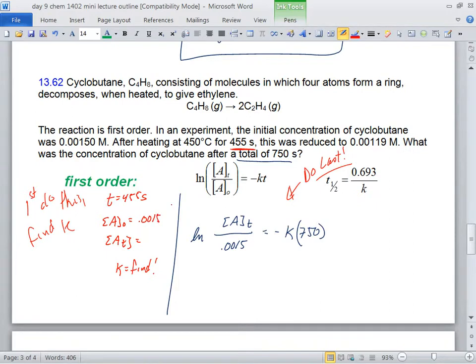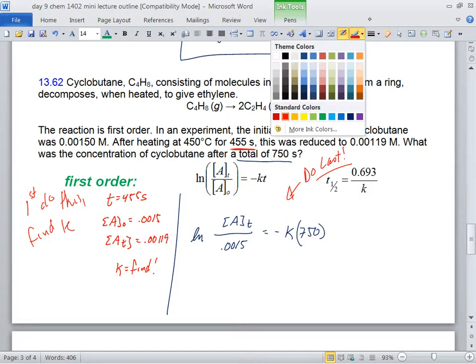They told you it was 0.00119 at t. So you got to find k first using this data. Then whatever you get for k, you plug it in over here to get your final answer. So you have to use that same equation twice.